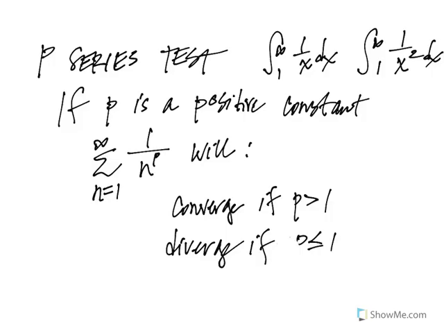It's kind of awkwardly written there. Let me clean this up a little bit. So if p falls between 0 and 1, inclusive of 1. And that's actually what you're seeing here if you look at the area underneath the curve.